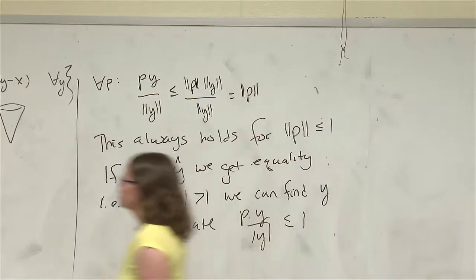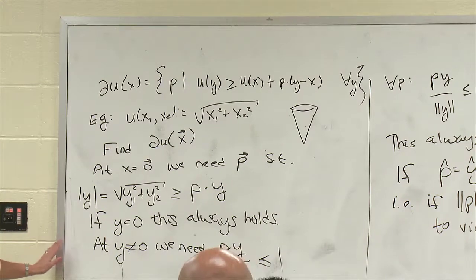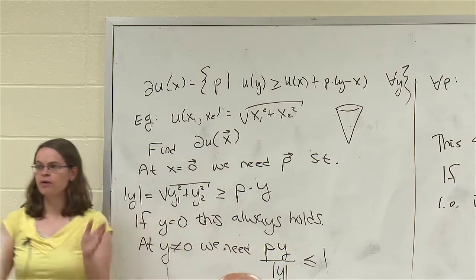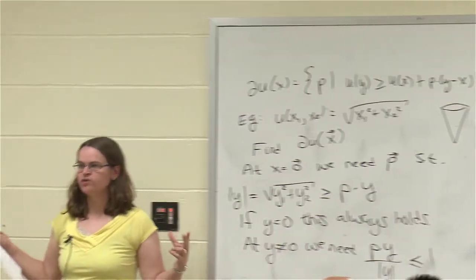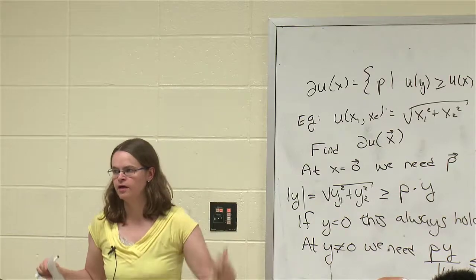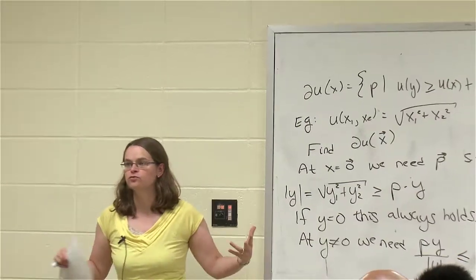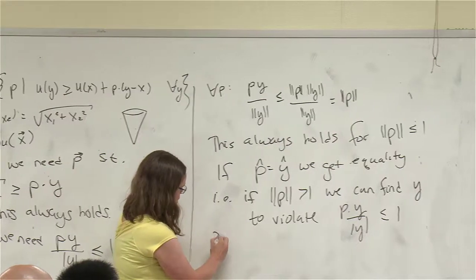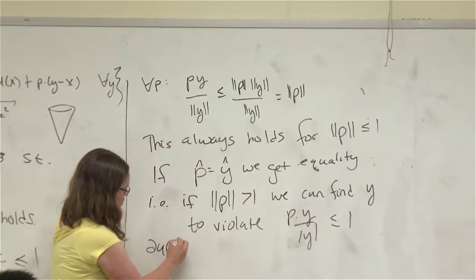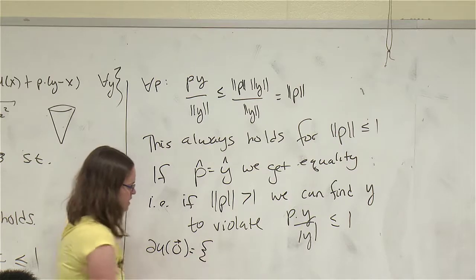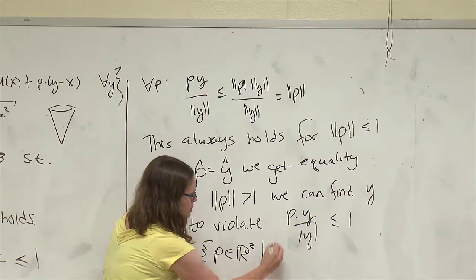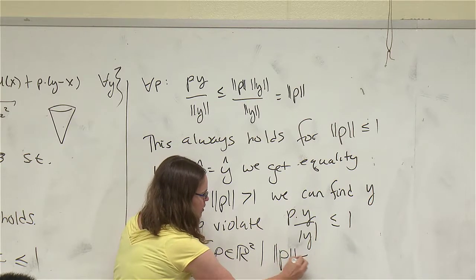All right, so we're going to conclude that the subgradient consists of all values of p that made this true. Now it means that we can take any vector in R2 as long as it lies within the closed unit ball. Okay, so we're going to conclude that du of 0 is really just equal to the set of all p in R2 with norm less than or equal to 1.